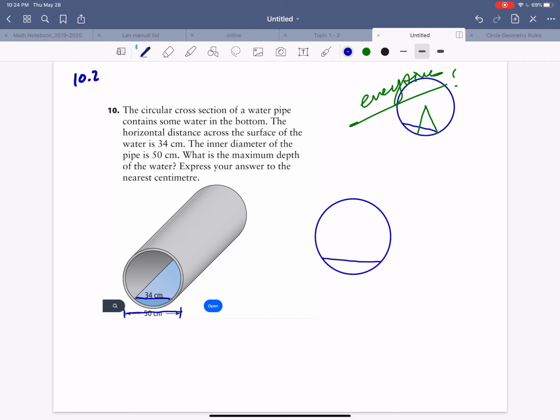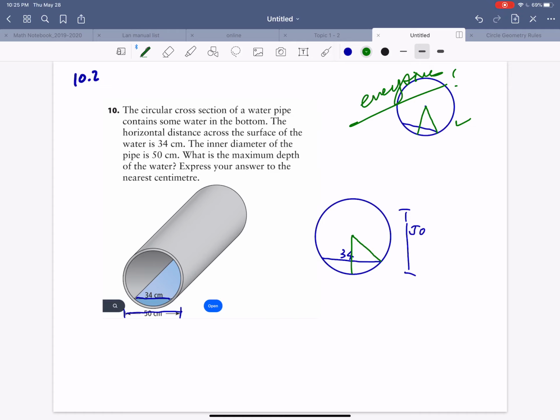It's like that, and that's 34, that's 50, which is the diameter. Okay, so now what we draw is we draw the center, we draw the perpendicular bisector, and we draw the radius. Okay, you can see a triangle forming here.